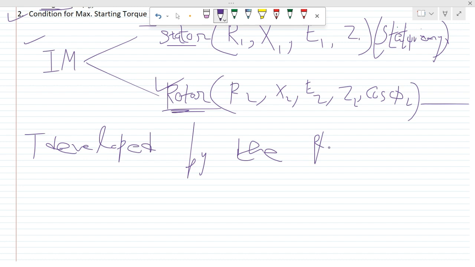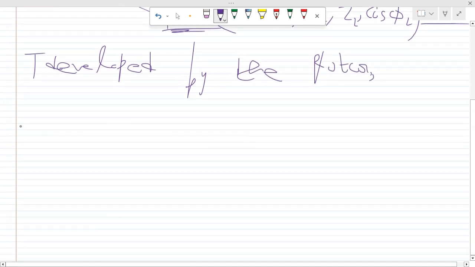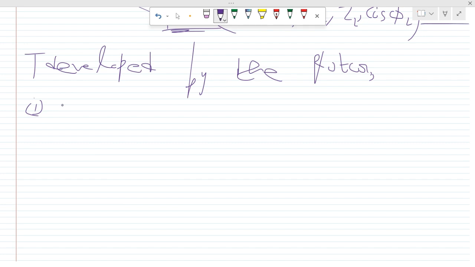is proportional to three most important terms. First is the rotor current, which is I2. Second is the rotor EMF, which is E2, and the third is the power factor.